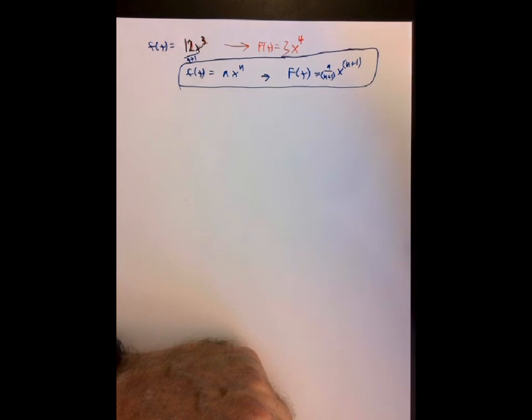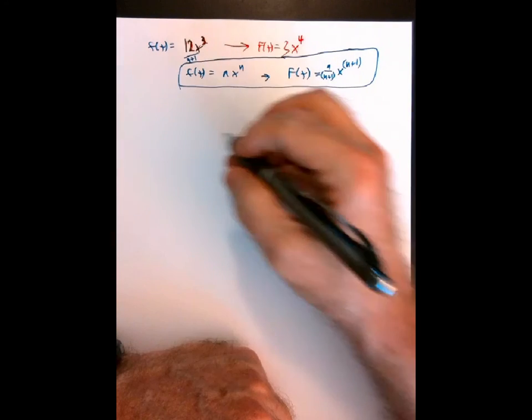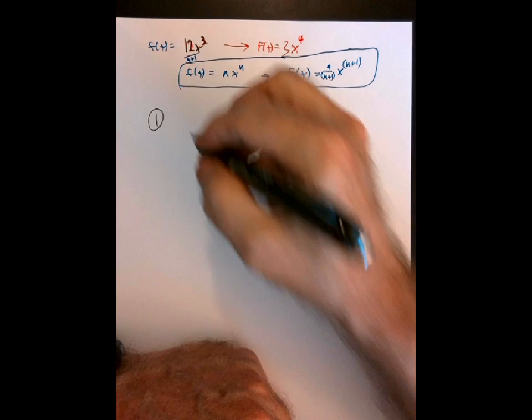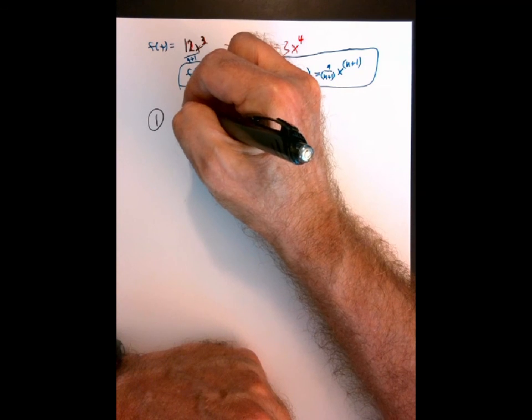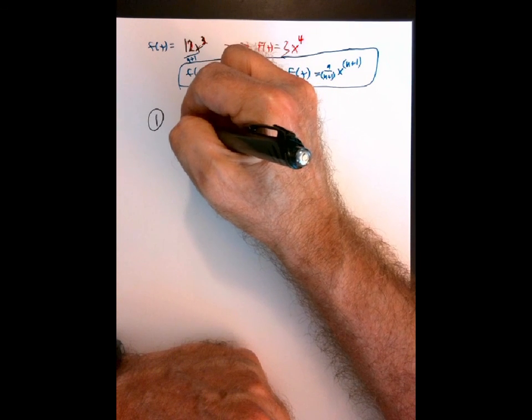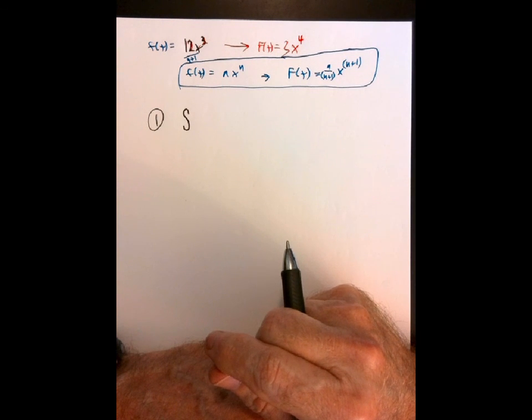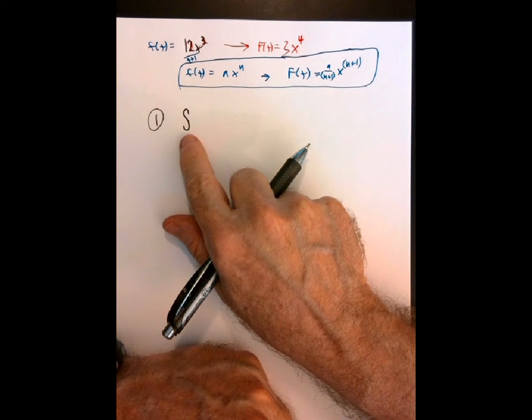So, okay. So number 1, let's try this one. Now I'm going to introduce a strange and terrible symbol. It looks like a really interesting script S. Now it turns out we're going to learn all about what that means.